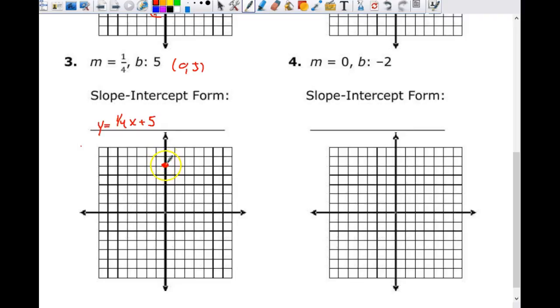And it goes up 1 over 4. Yeah, 0, 5. That's the y-intercept.